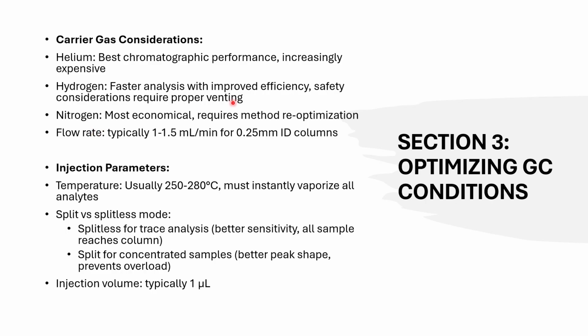It is most economical but requires method re-optimization. Now the flow rate of your column flow could be about 1 to 1.5 ml per minute for 0.25 mm ID columns. Talking about your injection parameters, the temperature would usually be between 250 to 280 degrees Celsius.